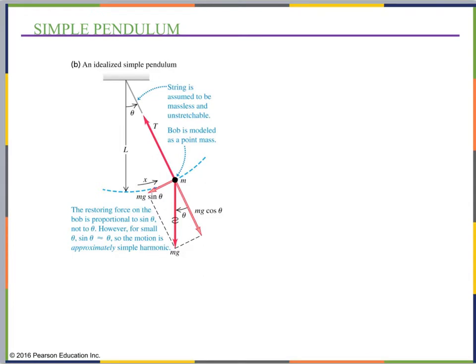So we're going to work with the forces in the tangential direction, producing a tangential acceleration. The only force that we have is mg sine of theta. And we're going to make it negative because this is going to be the positive direction, the direction of increasing x.